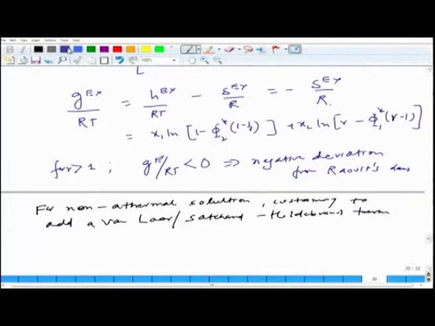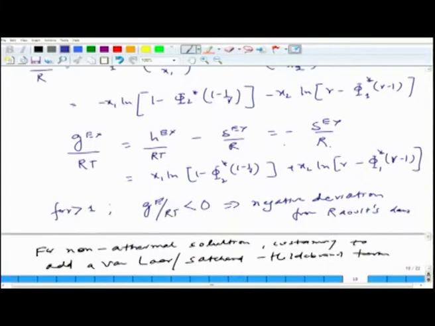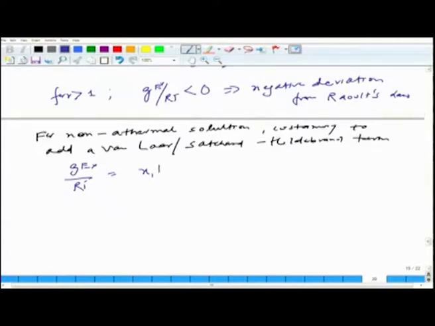In that case, your G^E by RT is, okay, so I can use the earlier term here, which was this, right? G by RT is x1 ln phi 1 plus x2 ln phi 2, divided by x2, right? So I am going to use that. And now since it is athermal, this is nothing but your minus S^E by R.